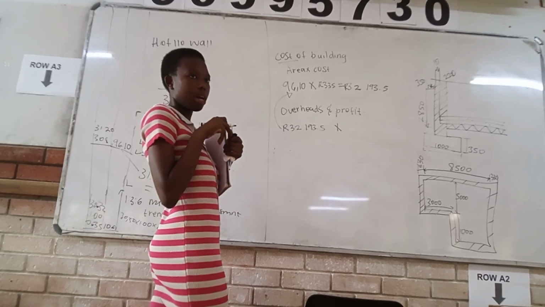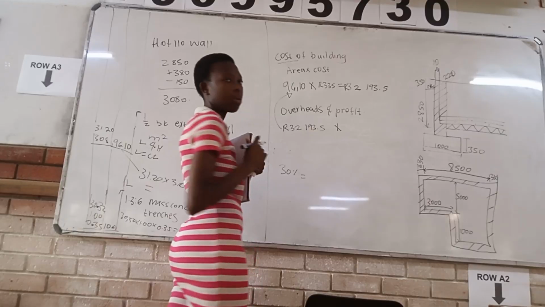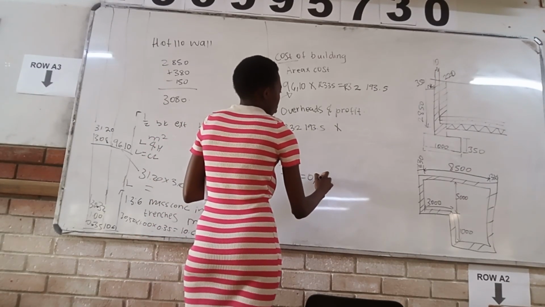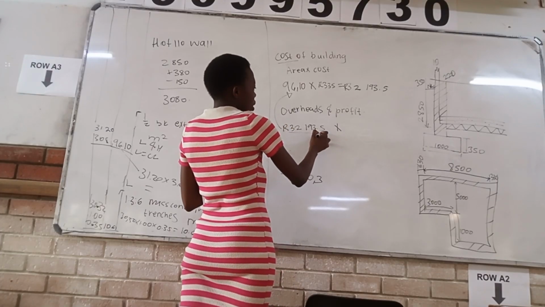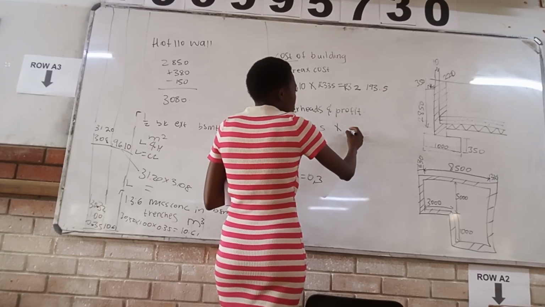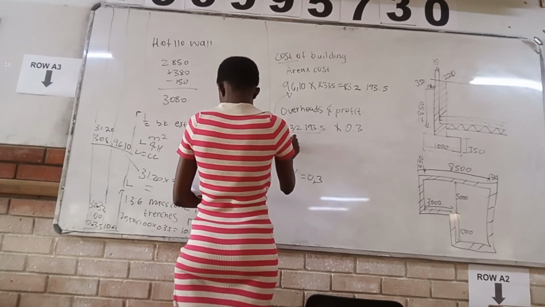Important: type 30% on your calculator, then the equal sign. You don't divide by anything, and it gives you 0,3. So we have the amount 32,193,5, and now you multiply by 0,3, which is the overhead and profit.